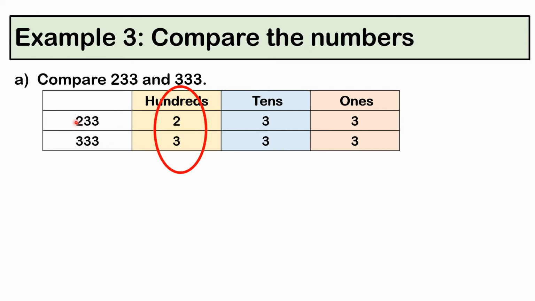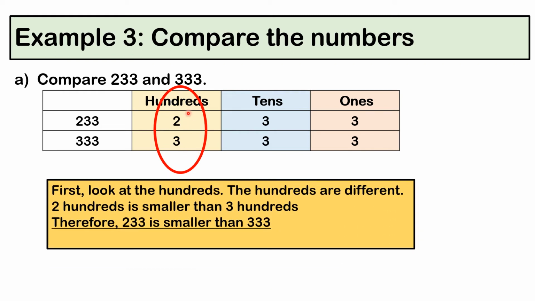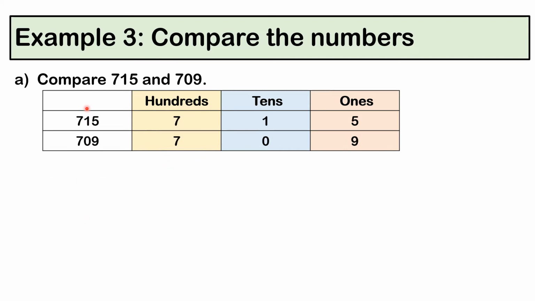Here, the very first digit for the given numbers in the hundreds, we have 200 here, and for 333, we have 300s. So from these two numbers, we know that the hundreds are different. 200 is smaller than 300. Therefore, we know now 233 is smaller than 333.